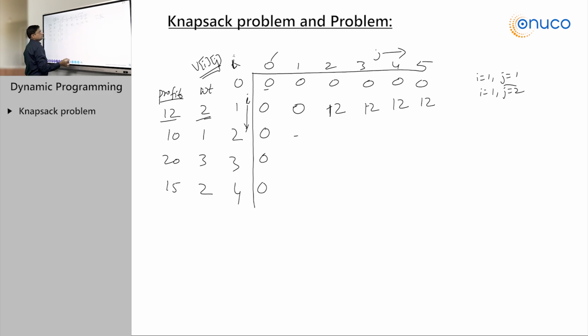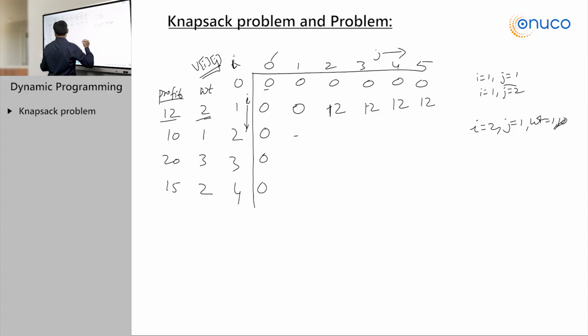Now come to these positions. What are the values here? i is 2, j is 1, the corresponding weight of that element is 1, and profit is 10.